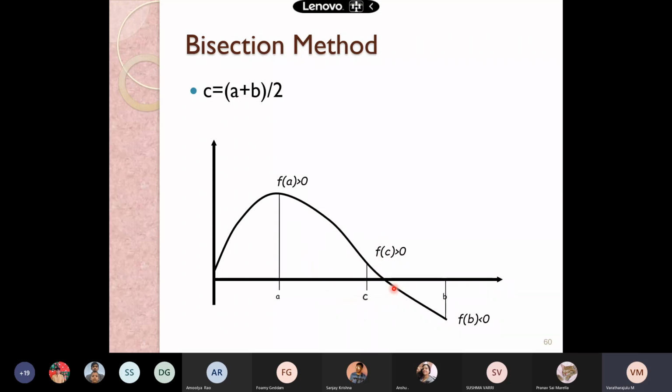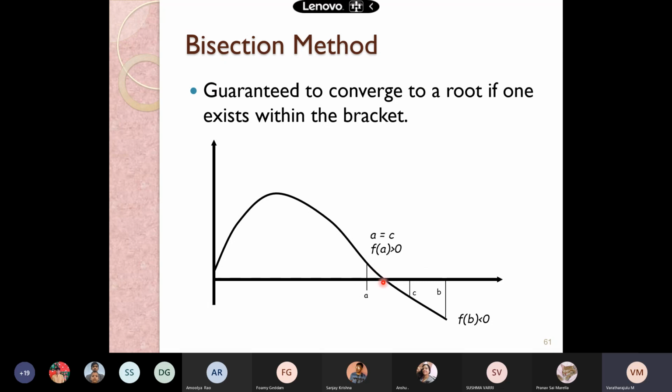This is what we are going to take as A. So instead C becomes A. So our new A, and B the same B. Now when the new root is in the positive quadrant, that has to be taken as A. Concerning this particular case, this lies in the negative zone, so this has to be taken as new B. With that continuing, this method will converge early. That is the bisection method.